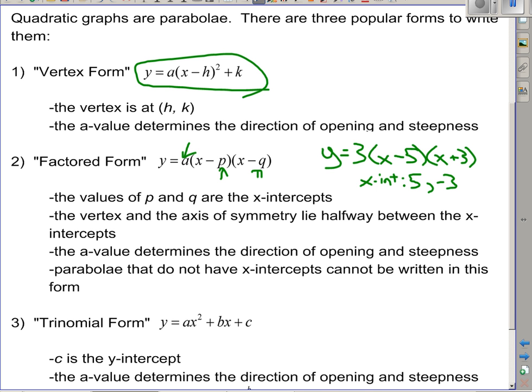Okay? And since it has x-intercepts at 5 and -3, it's going to look kind of like this.